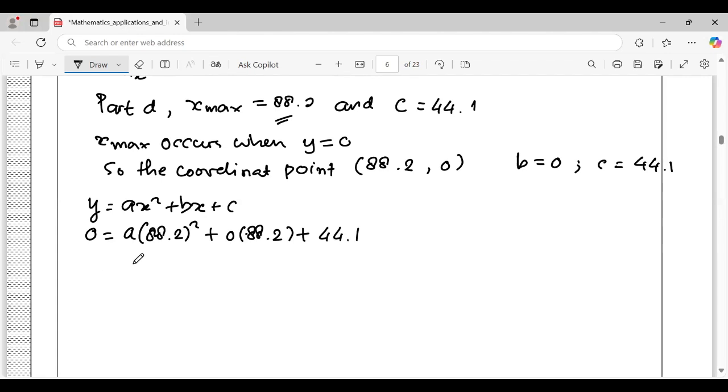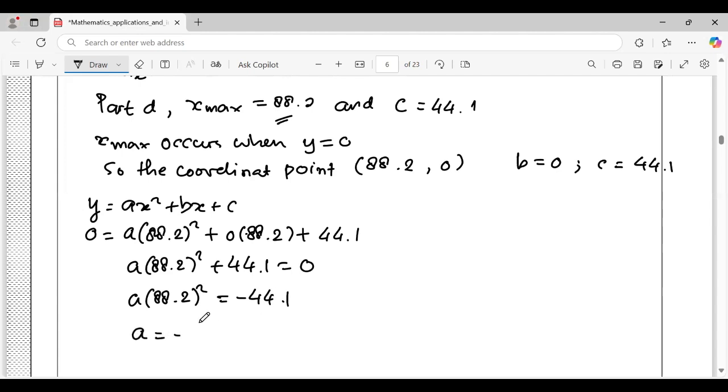So it becomes a times 88.2 squared plus 0 plus 44.1 equals 0, or a times 88.2 squared equals minus 44.1. a equals minus 44.1 over 88.2 squared. That's part 1A.